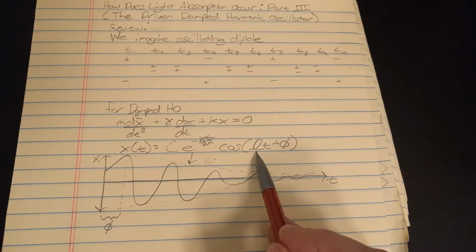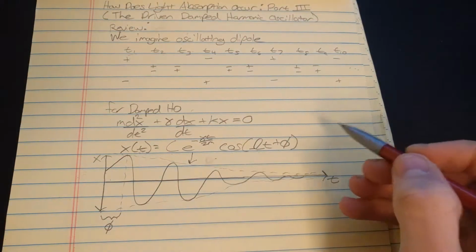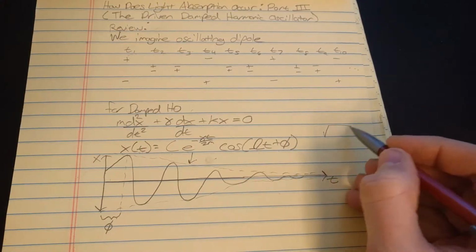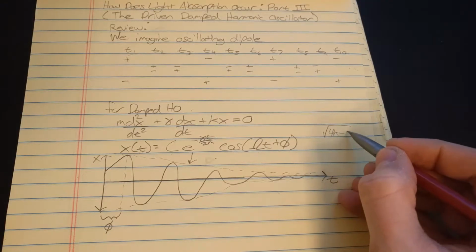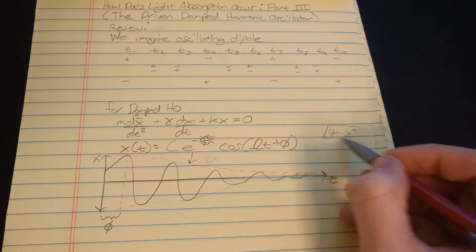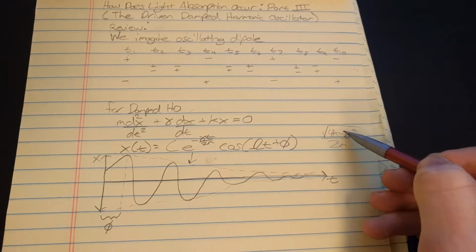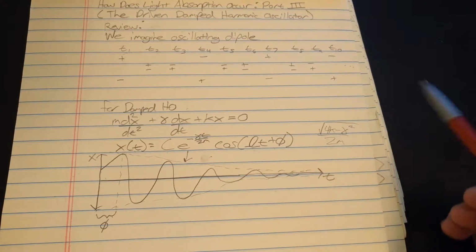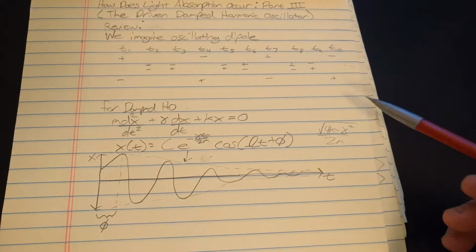which I messed up in the last video. Omega was equal to this, because we had the square root of some stuff inside. It was 4k minus gamma squared over 2m, and we had 3 different cases depending on what the inside of the square root looked like, and this was our last case.